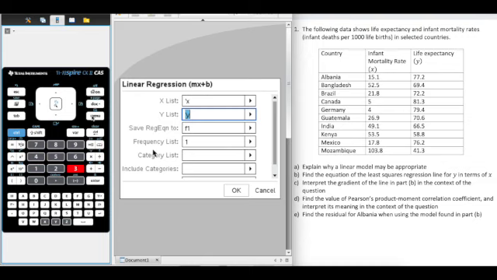Notice that the regression equation is going to be saved as f1, and the frequency list should be 1 because there's no frequency in this table.